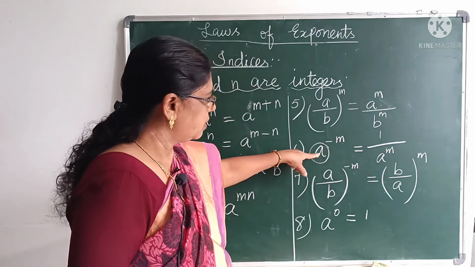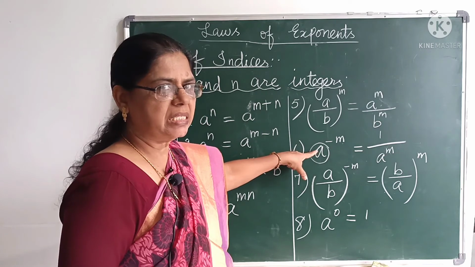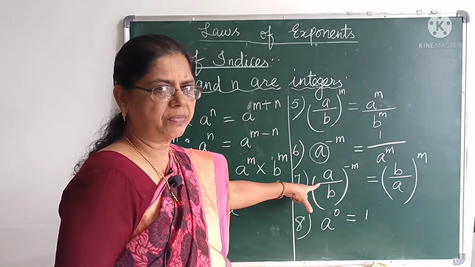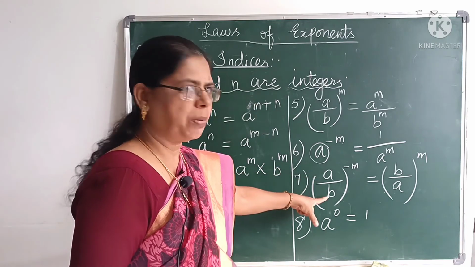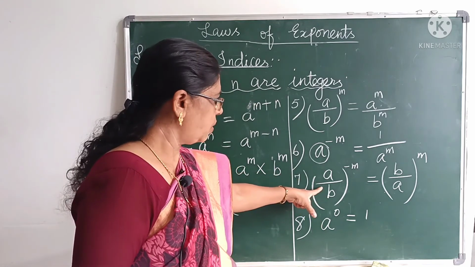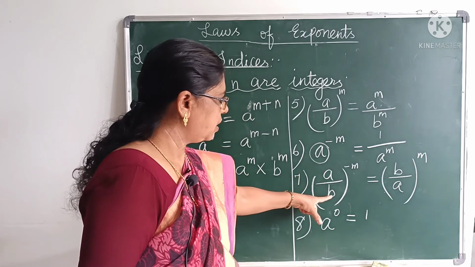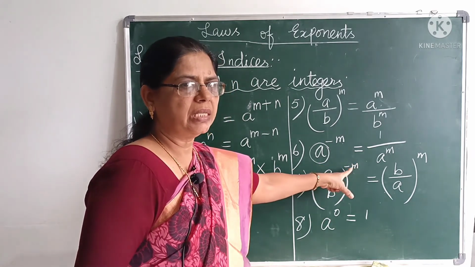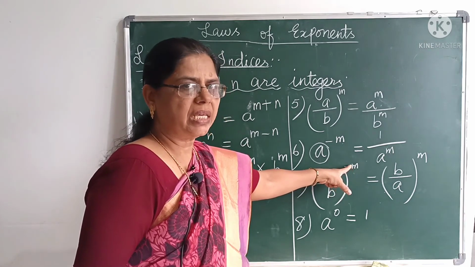So here the base is an integer. In the next one, the base is a rational number. It is in the form of a upon b. So a upon b, the whole power minus m. Here also the power is a negative integer.